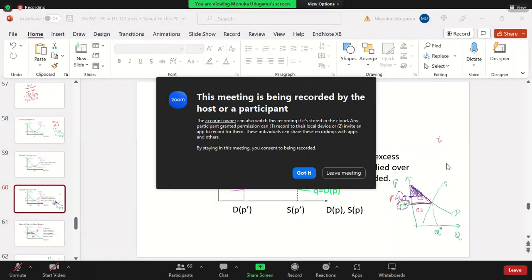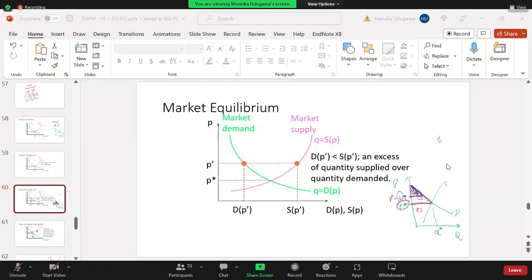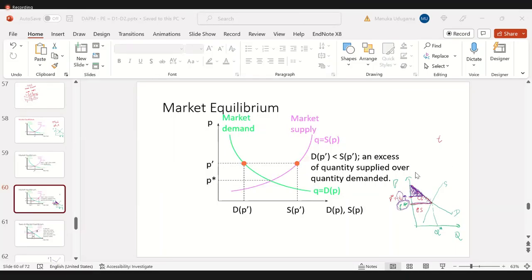Like I said, if you want to analyze the impact of a certain phenomenon like tax, then you would look at how that would have an impact on the consumers as well as the producers or the suppliers. At the same time, in the case of a tax or a quota or a subsidy, the government is also involved. We would want to see how that has an impact on the government.